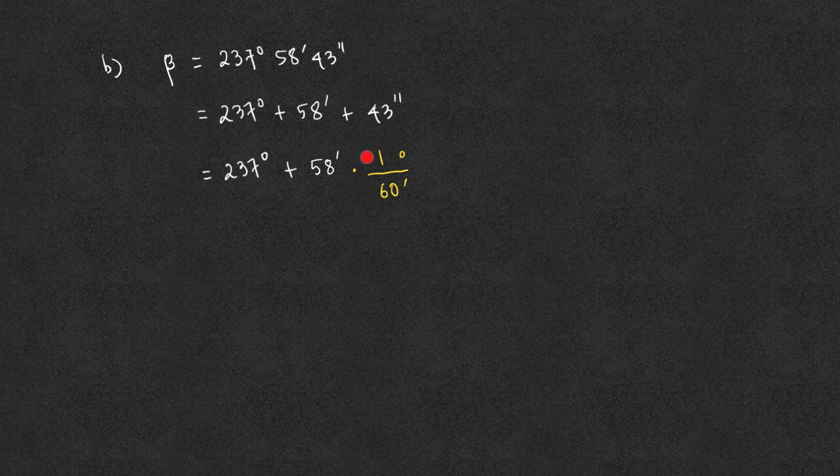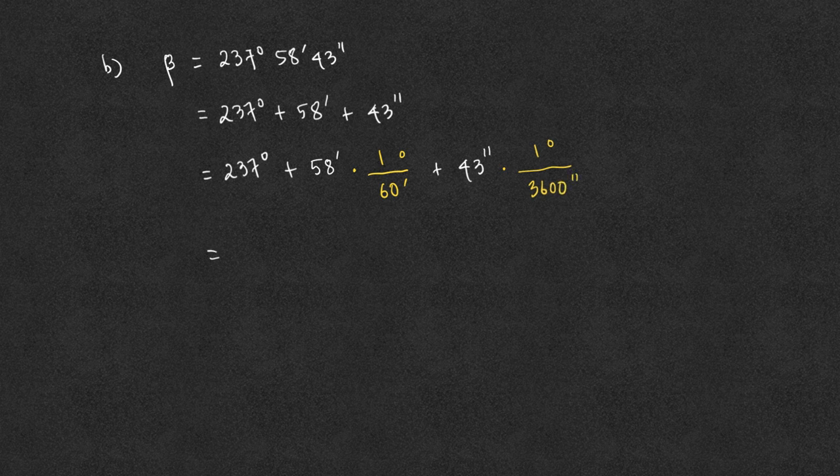Even though the numerator is 1 and the denominator is 60, this is also known as a well-chosen one, because the amount of the measurement in the numerator is the same as the amount of the measurement in the denominator. Similarly, with 43 seconds, we would need to convert this into degrees as well, but 1 degree is 3600 seconds.